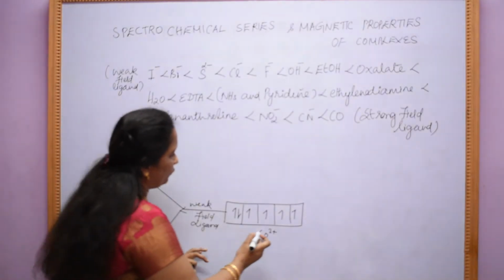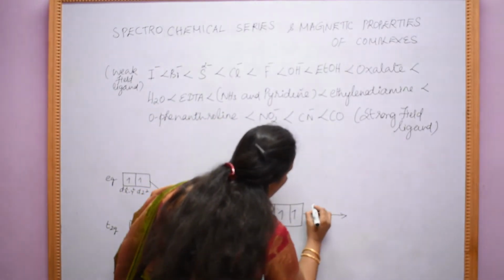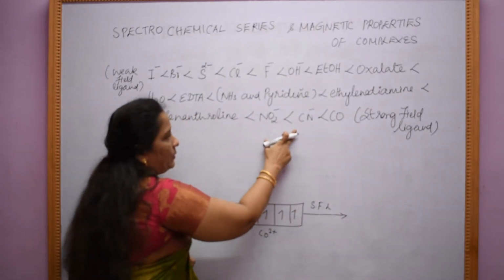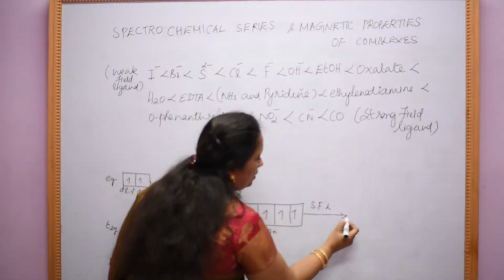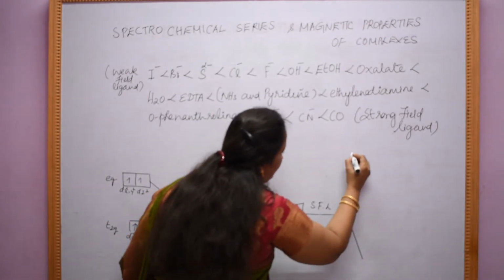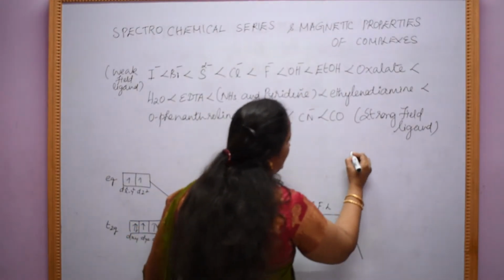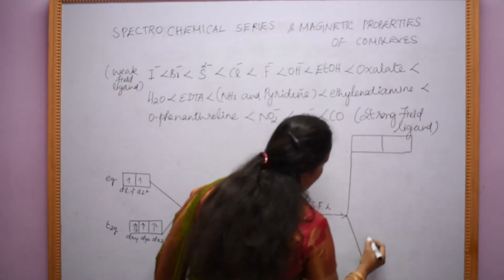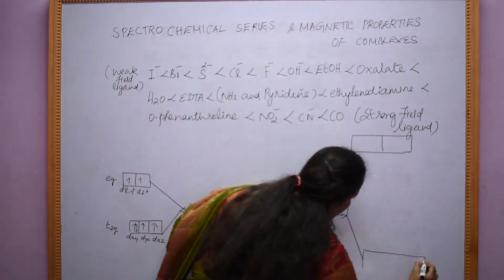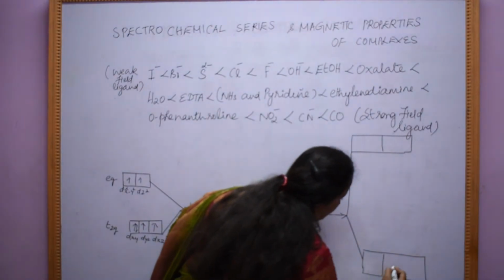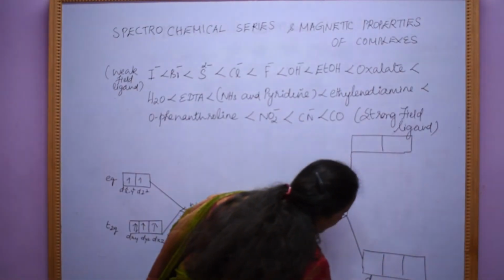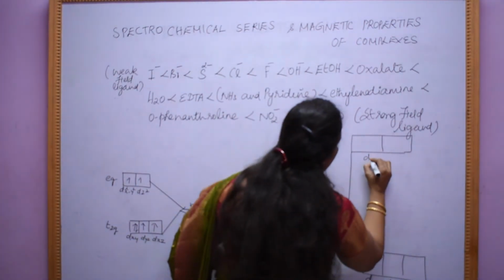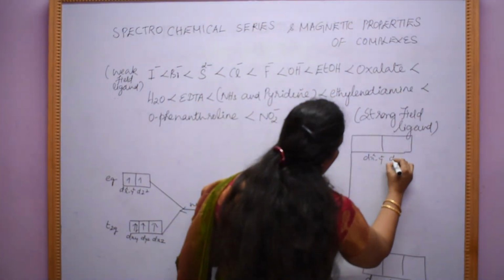Whereas under the influence of a strong field ligand like CN minus or CO, the crystal field splitting energy is more. The magnitude of splitting is more, and the energy level of the d orbitals is like this: dxy, dyz and dxz, and this is dx2-y2 and dz2.